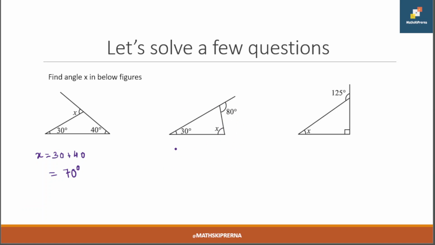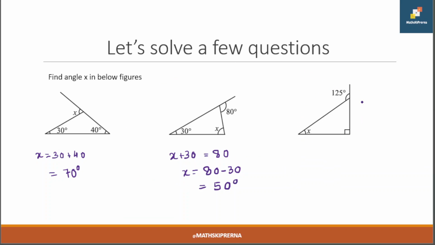In the second figure, the exterior angle is 80. So 80 is equal to the sum of these two non-adjacent interior angles. So we can write x plus 30 will be equal to 80. So x will be 80 minus 30, which is nothing but 50 degrees.